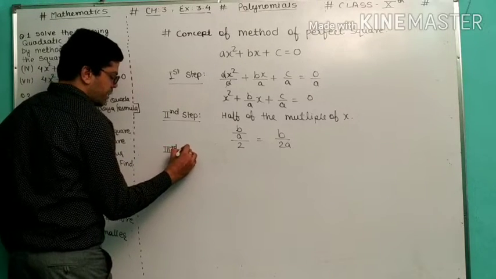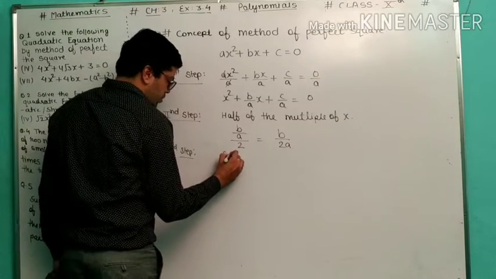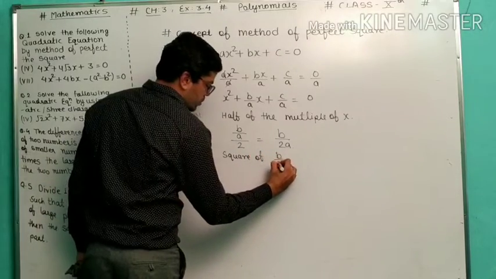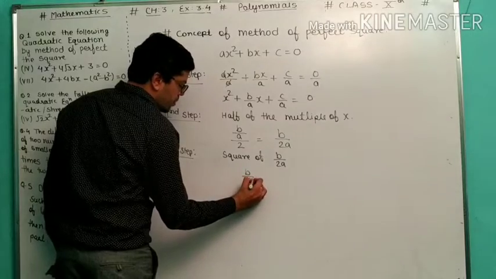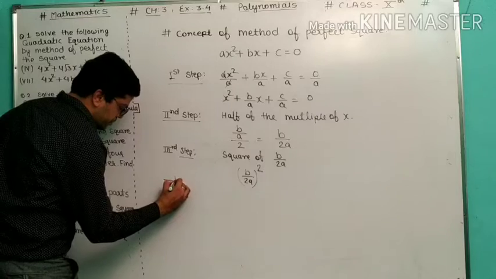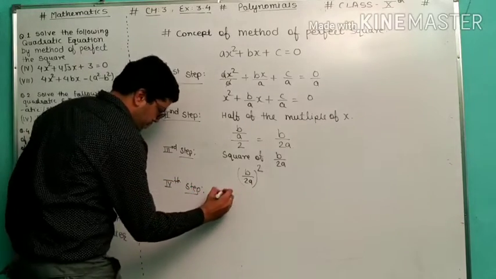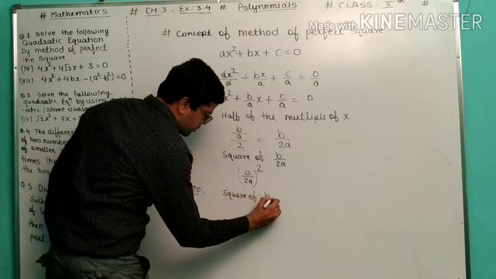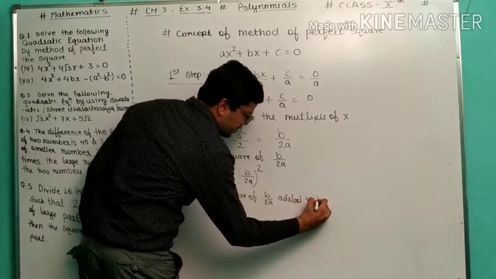Now the third step. In this third step, the square of b by 2a, which means b by 2a whole square. And in this fourth step, the square of b by 2a is added with the variable.